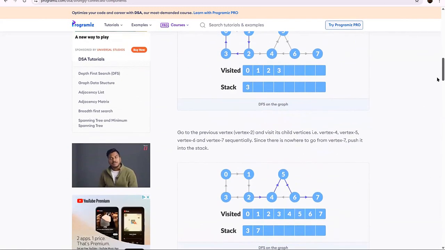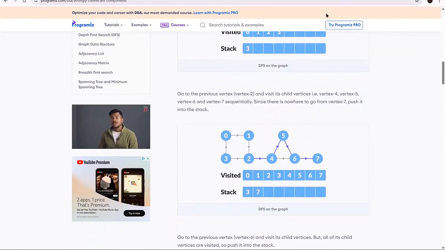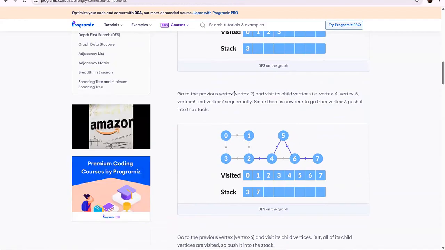Step 2, go back to the previous vertex 2 and visit its child vertices. You will have 4, 5, 6, you do depth-first searching, and then you go to 7. 7 has nowhere to go, so you push 7 to the stack as well.